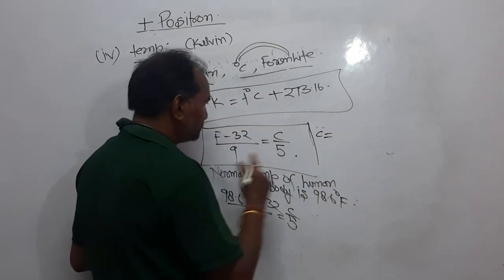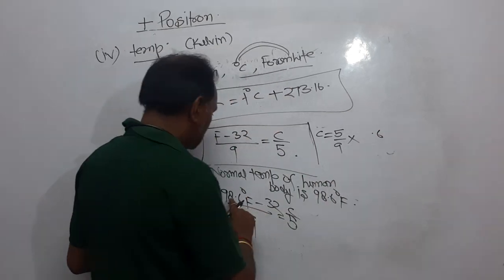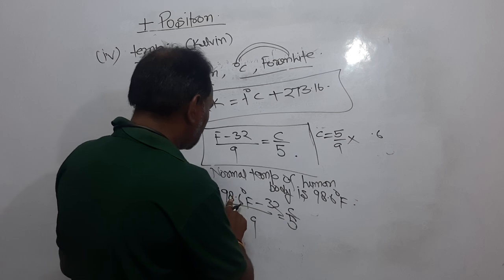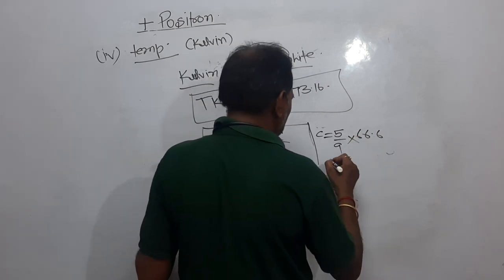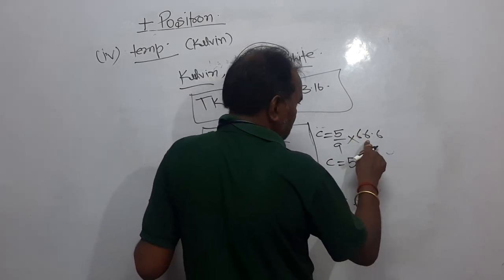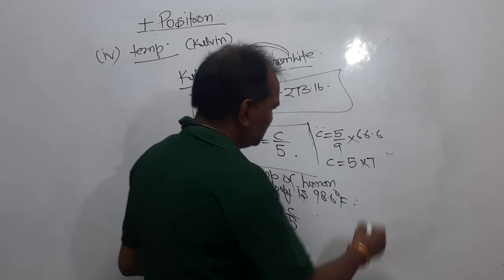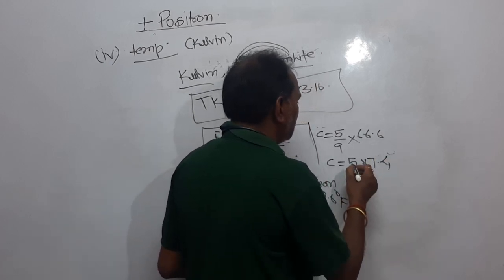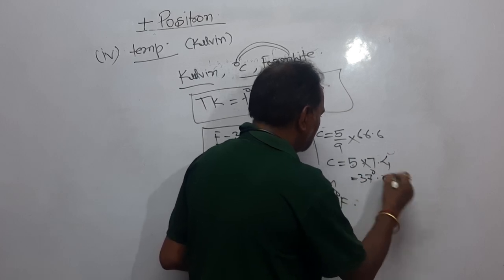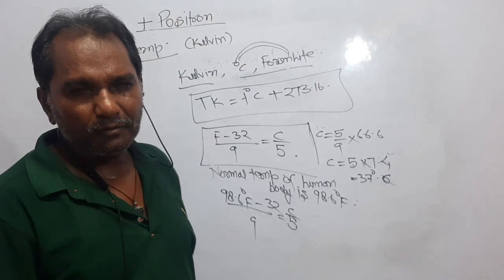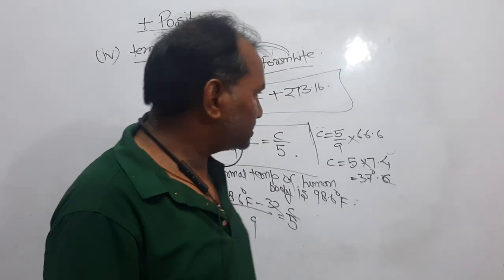C is equal to 5 by 9 into, now it will be 66, that is 98.6 minus 32. Then 9 sevens are 63 and 9 fours are 36. Multiply by 5, this is 5 fours are 20, 5 sevens are 35, so 37 degrees C. Means you can say the normal temperature of the human body is either 98.6 degree Fahrenheit, or in Celsius you can say it is 37 degrees C.